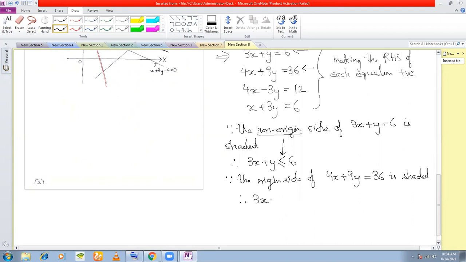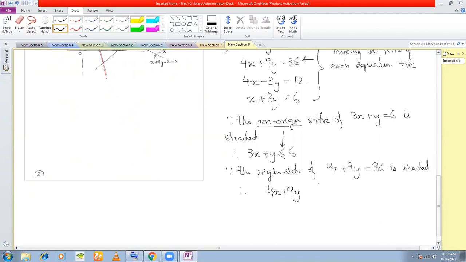It should be a greater than or equal to. 4x plus 9y is greater than or equal to 36.